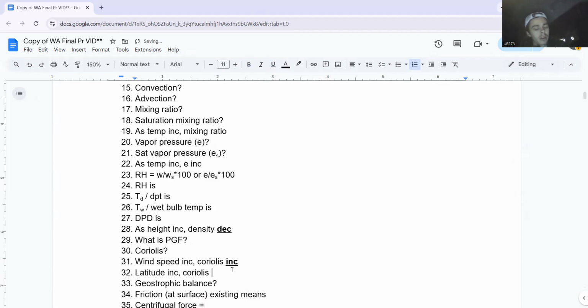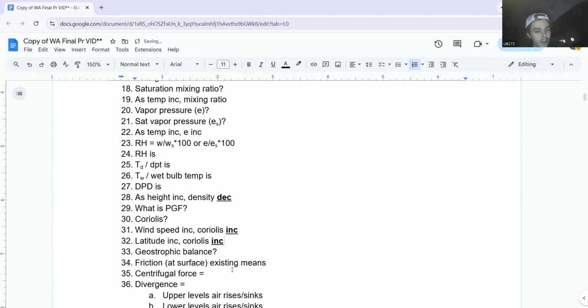As latitude increases, so will the Coriolis force. So as you go away from the equator, it gets stronger. Geostrophic balance is if the pressure gradient force equals the Coriolis force, and that would cause wind to flow parallel to isobars or isoheights.